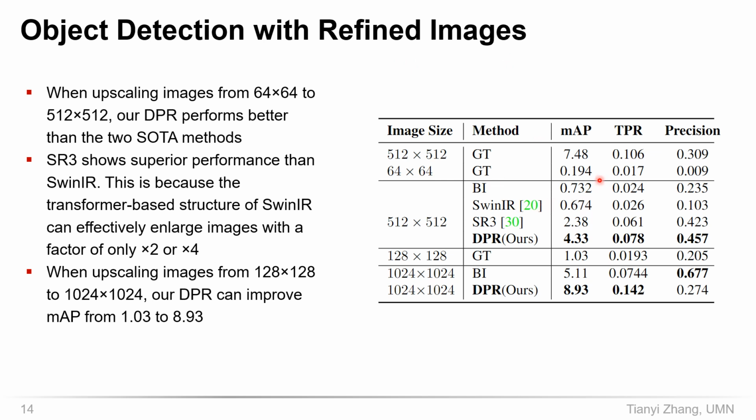As you can see in this table, we can find that our DPR effectively improves the OD performance a lot. And actually you can find that SwinIR performs very badly. This is because it is a transformer-based structure, and it can upscale the images only with a small factor.